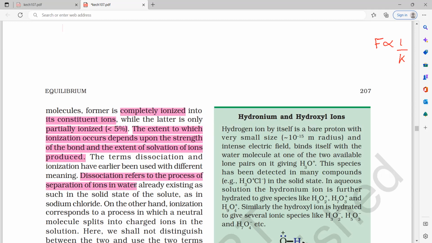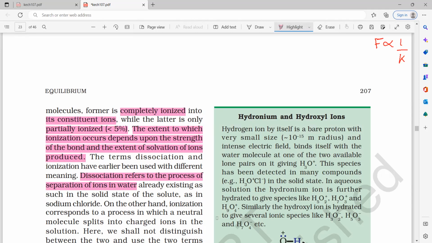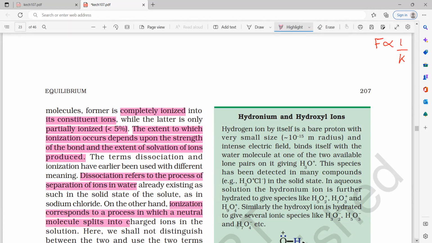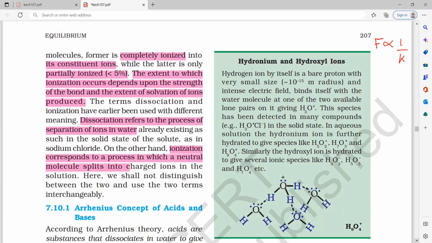On the other hand, ionization corresponds to a process in which a neutral molecule splits into charged ions in the solution. So we shall not distinguish between the two and use the two terms interchangeably in this chapter.